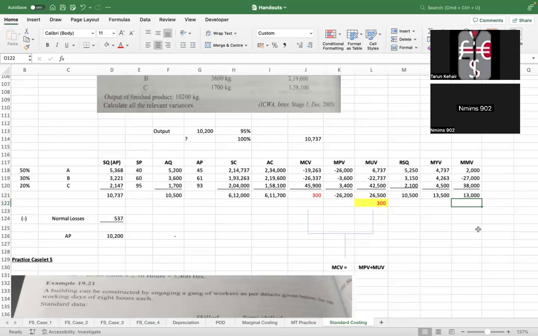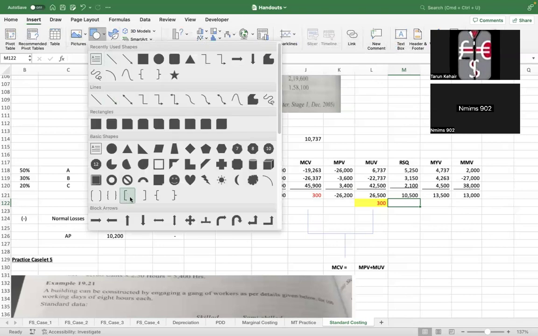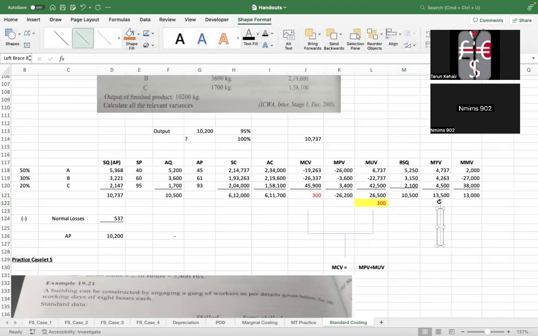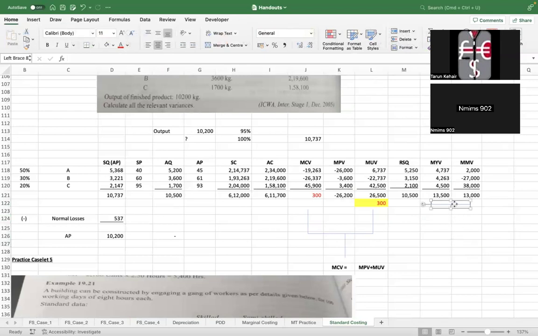Now if you add these two, what will you get? If I add these two, I am going to get 13,500 plus 13,000, which is 26,500, which is nothing but your usage variance.